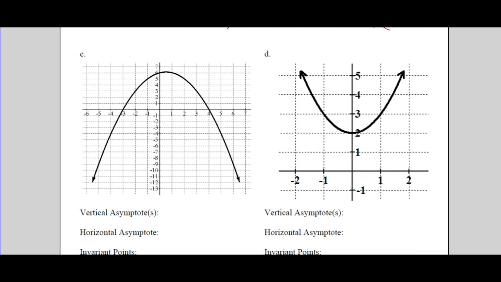Okay. This is a little tougher, but you know what these look like, right? You have examples of them. Okay. You want to get a few more points, though. So let's start with our asymptote line.